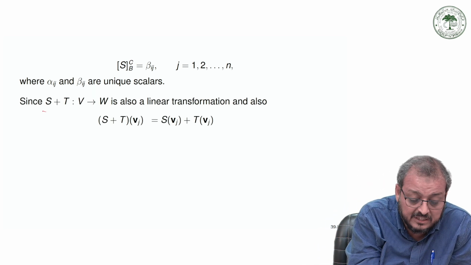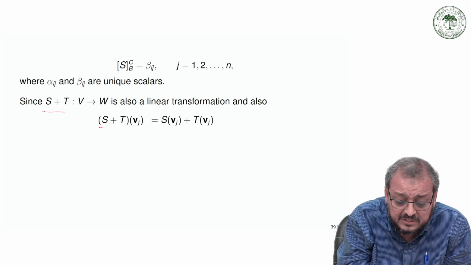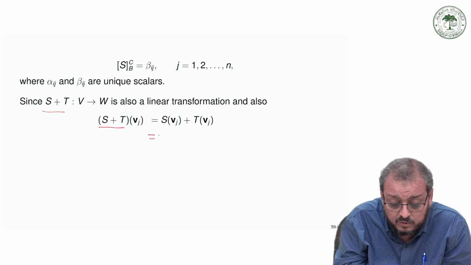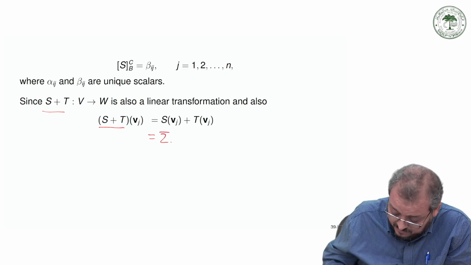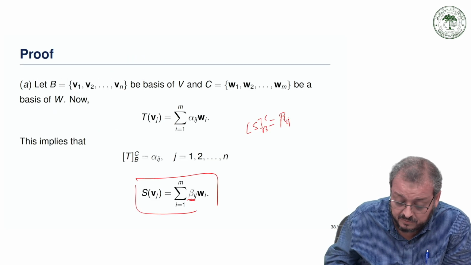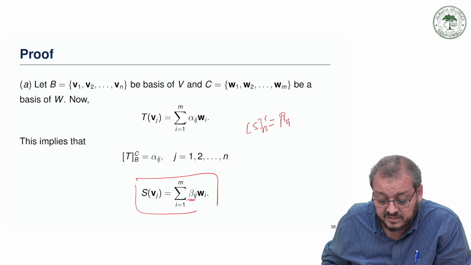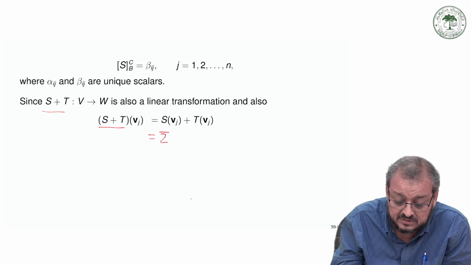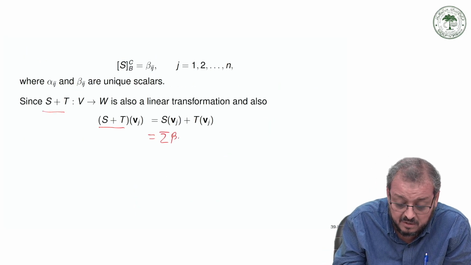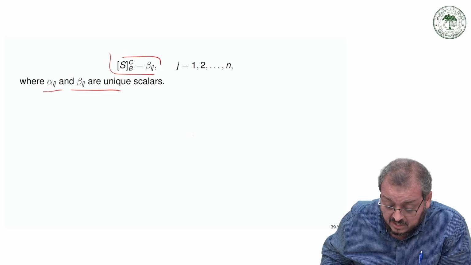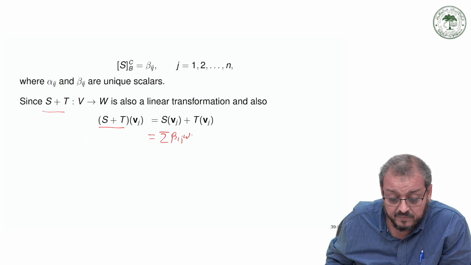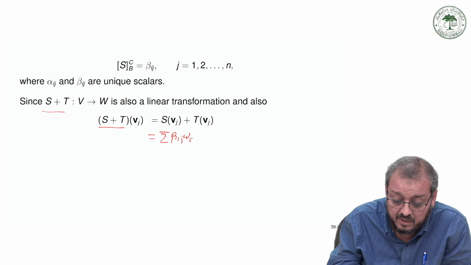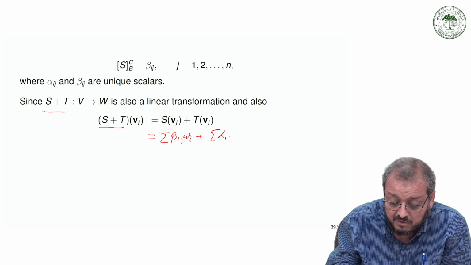So now we define S plus T. Now S plus T of Vj, you can write as the sum over i running from 1 to m of beta ij wi, plus the sum of alpha ij wi.